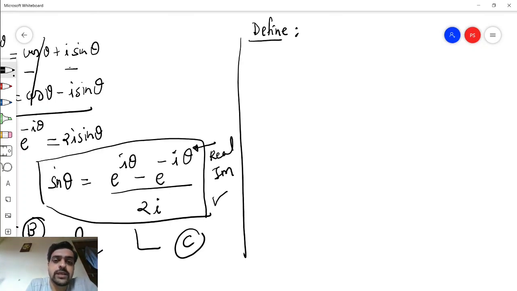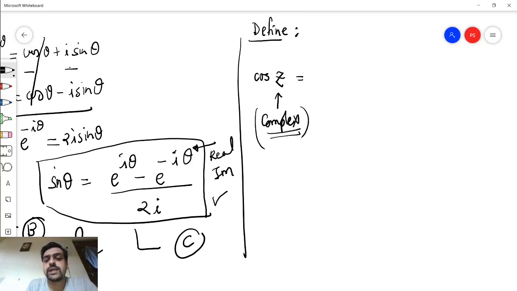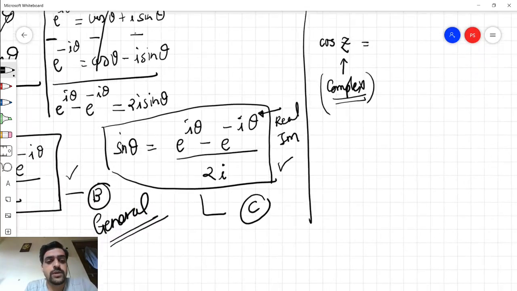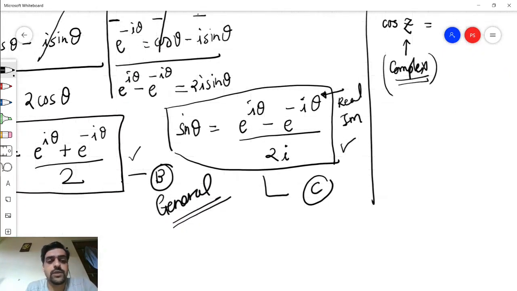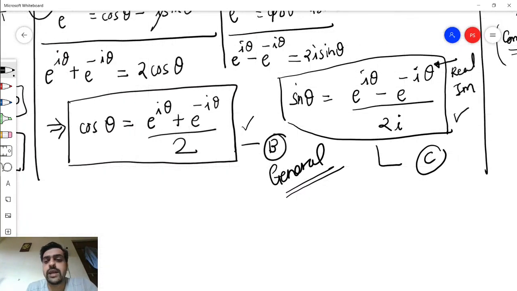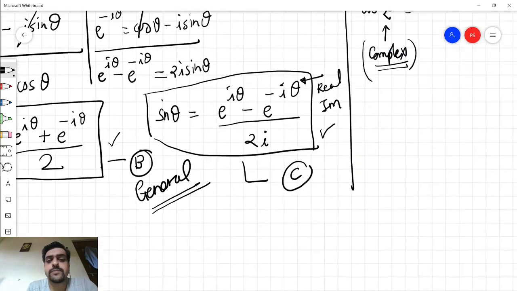We say that cos z, now remember z is a complex number, cos z equal to, now look at the equations B and C. We are just going to repeat them and write z instead of theta.